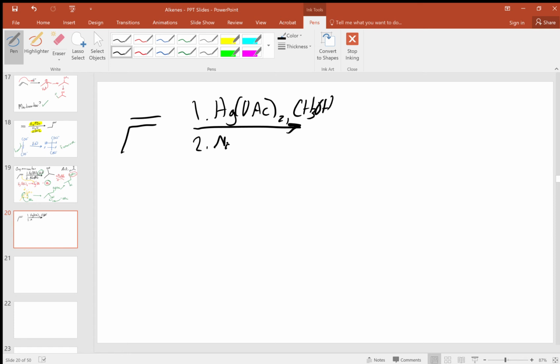And the second half with sodium borohydride is the same. So the first part of this reaction starts in exactly the same way. We get our dissociation of the mercury, which allows us to form the three-membered ring.